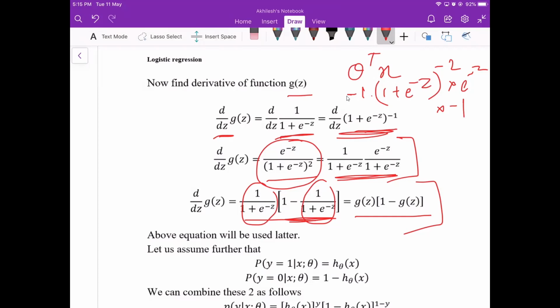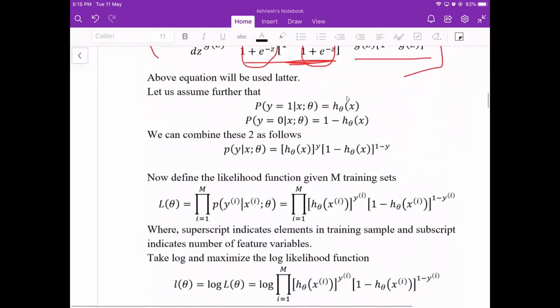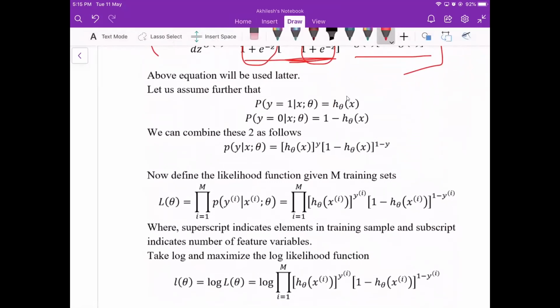Okay, let's proceed. We did it because we will need it in the subsequent slides. Now let's assume further that the probability when y is equal to 1 for the given feature variable and the given weight is h theta x.